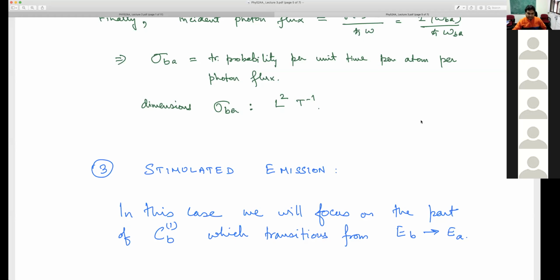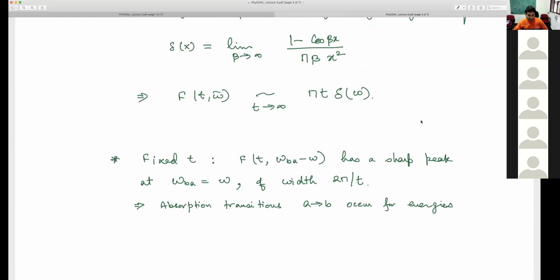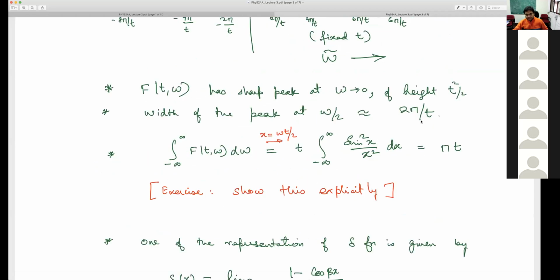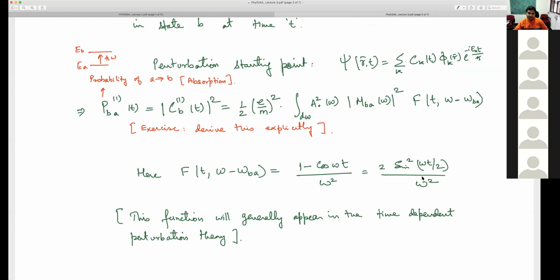So I just described this process of absorption of light by atoms. Essentially all we get is this function f, in terms of which I can write the probability of transition, etc. And this function turns out to be a delta function in the large time limit.